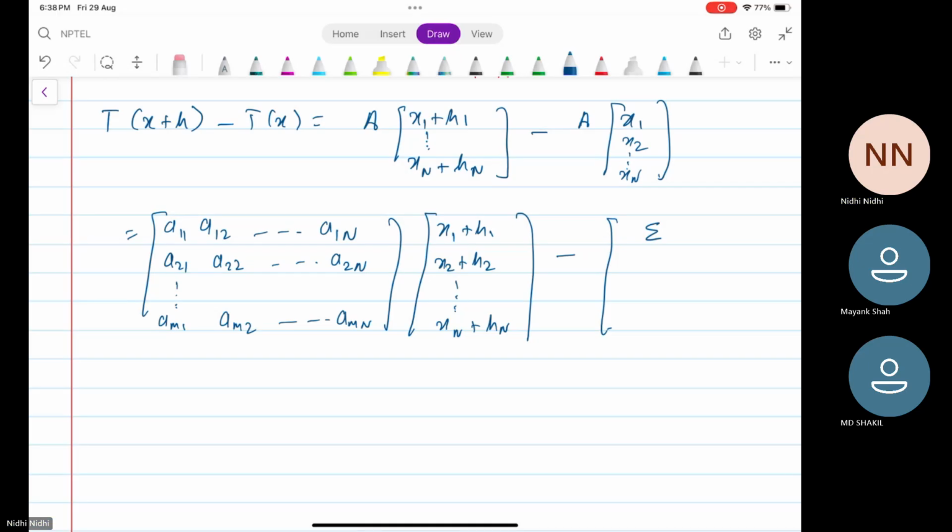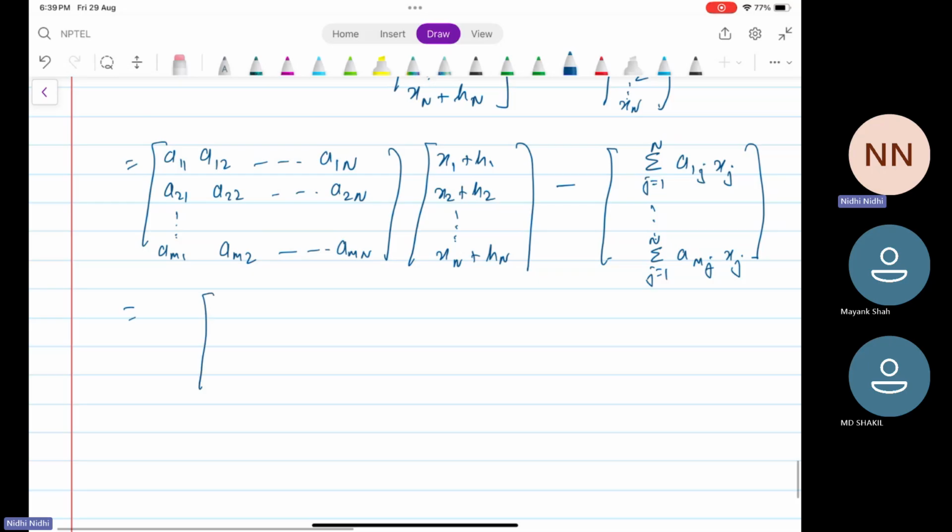summation over j from 1 to n of a_1j x_j, and so on to summation over j from 1 to n of a_mj x_j.